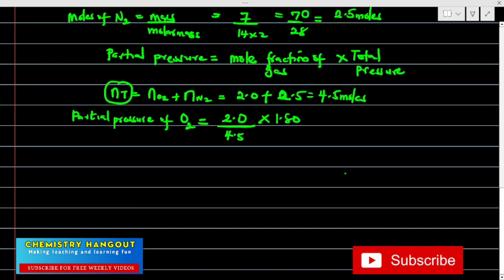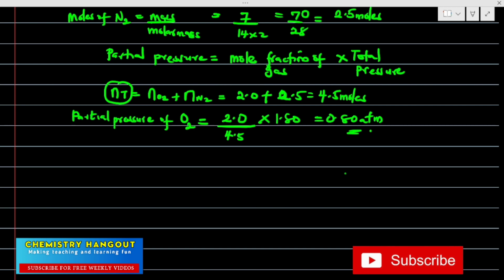So from there, we can calculate the pressure of oxygen exerted in the mixture. That will be 2 times 1.80, divided by 4.5, and that's giving us 0.8 atm. So the partial pressure of oxygen in that very particular mixture is 0.8.